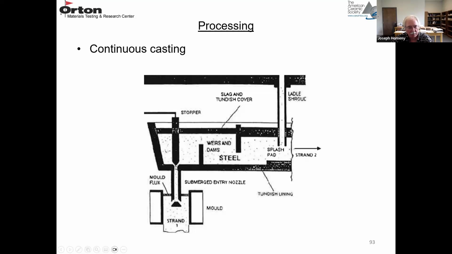By positioning that stopper, you can control the metal flow, and this is a continuous casting mold. So here's another tube. This is the submerged entry nozzle. So here's your ladle plates and various tubes used for controlling the flow of molten metal.